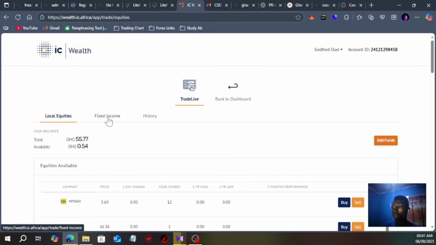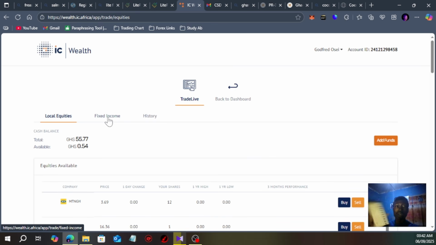So you can also check your inside, this is a trade live account. If you want to trade live, you have to come here, check the company that you want to buy shares from. So this is what I was talking about. You can do it on your phone, even if you're on a phone.